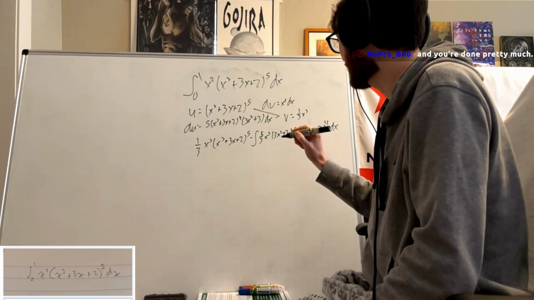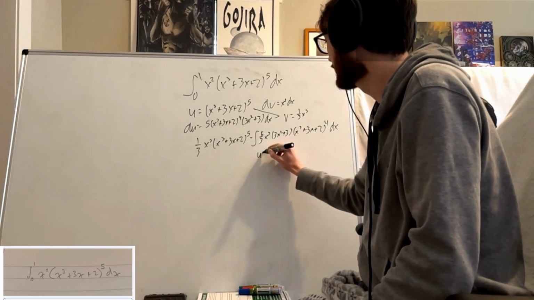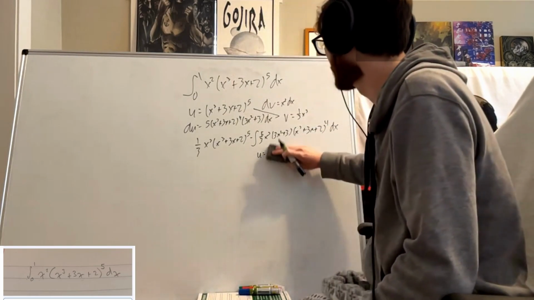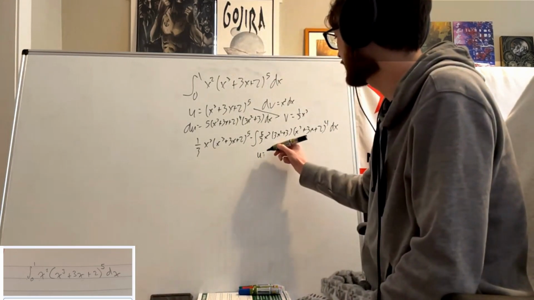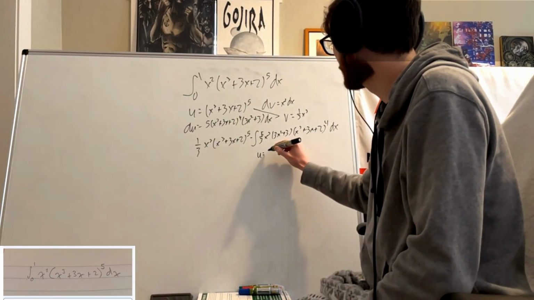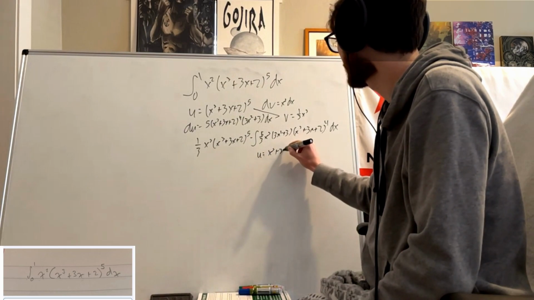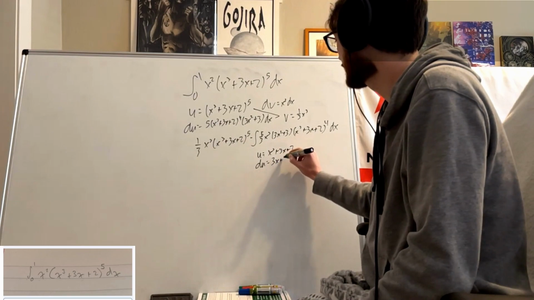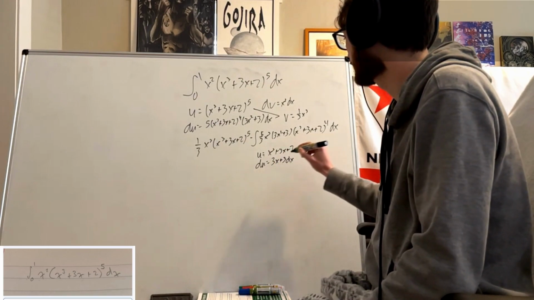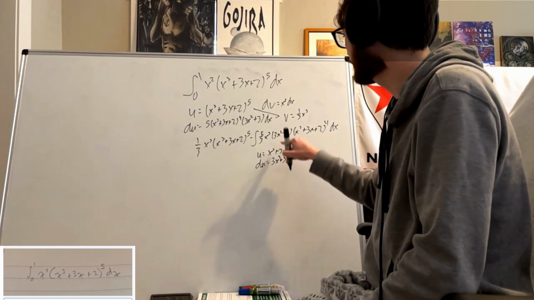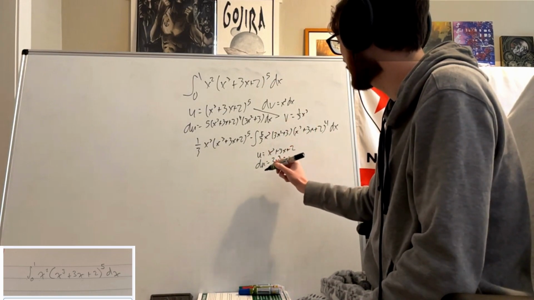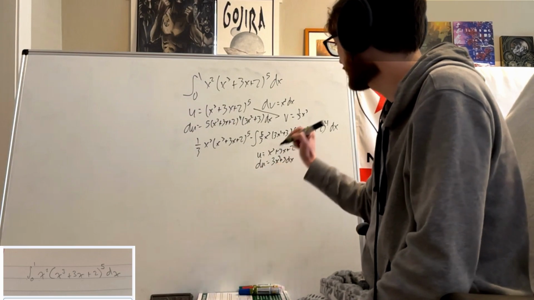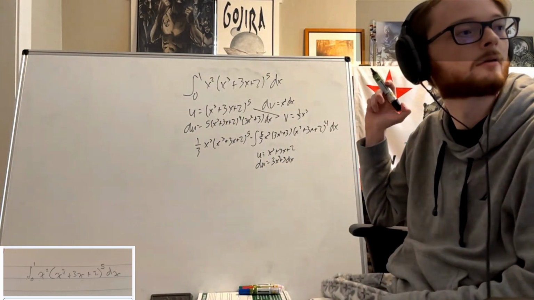Now with this, I guess we do a u sub with u equals... not 3x cubed. I think what the people saying integration by parts are saying is that you do u equals x cubed plus 3x plus 2. Du is 3x squared plus 3 dx. So that cancels with that, but we still have the x cubed there. So I don't know. That doesn't help you, I don't think.